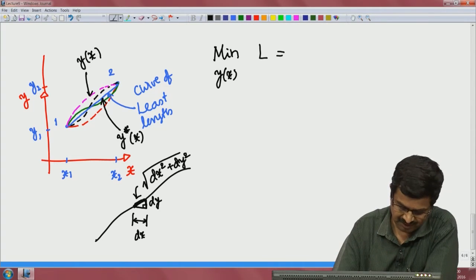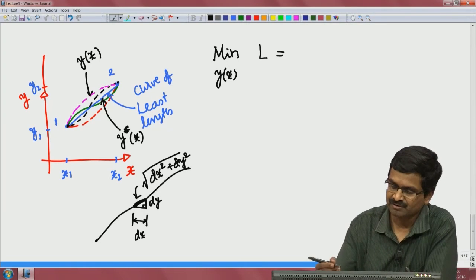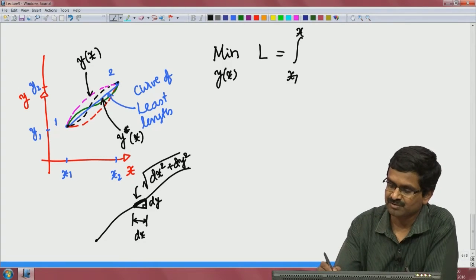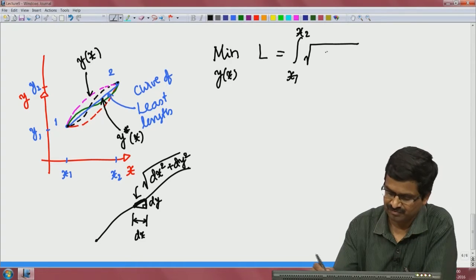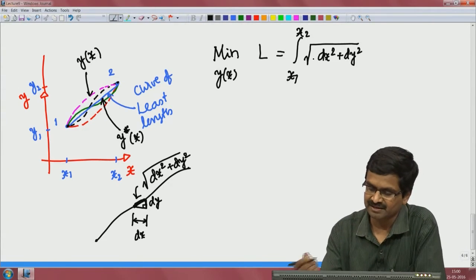We want the total length of our curve from here to here, so we have to do integration from x1 to x2 of the square root of dx square plus dy square. Integration needs the dx, so we take the dx out.